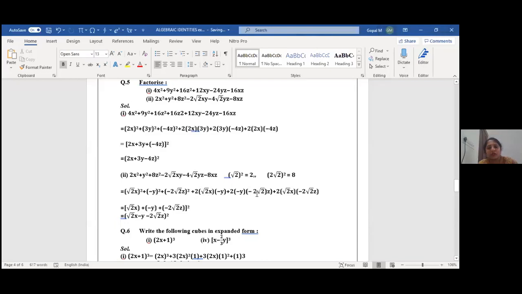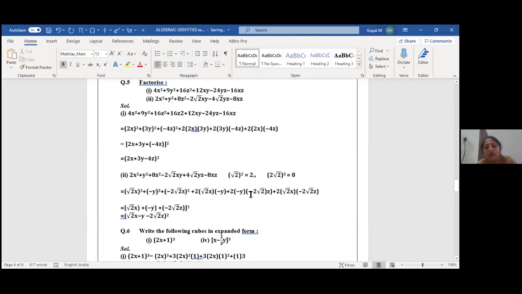Then 2 2s are 4 root 2 YZ. And the last term 2CA, C value is 2 root 2 times root 2x, minus 2 root 2 Z. I think here it is plus. Yes, this is correct. Am I clear, children?